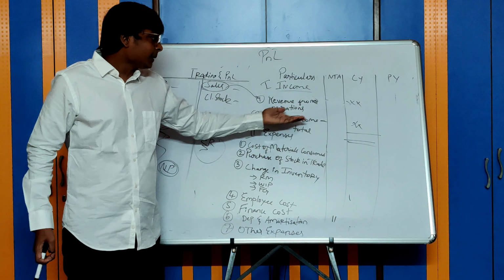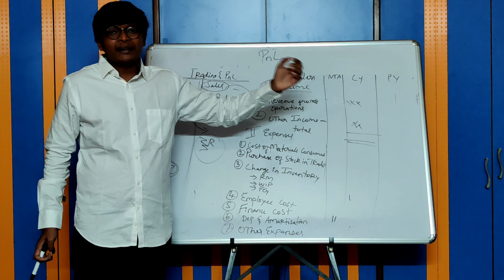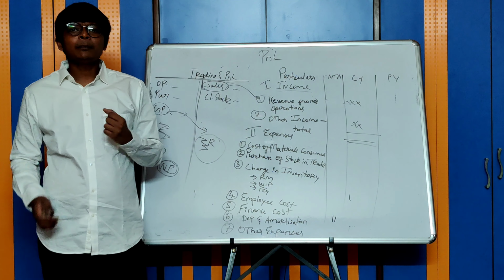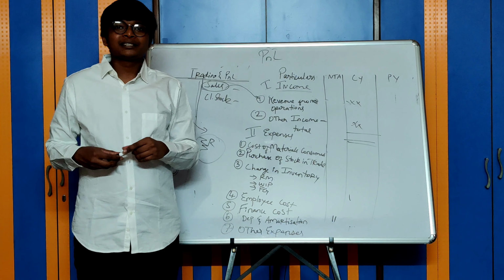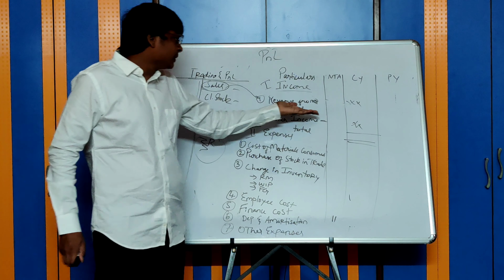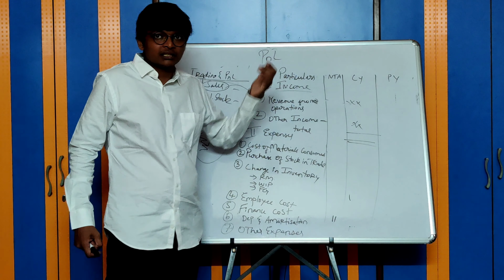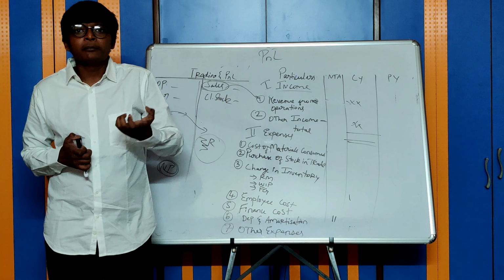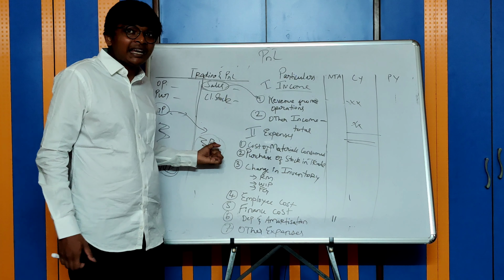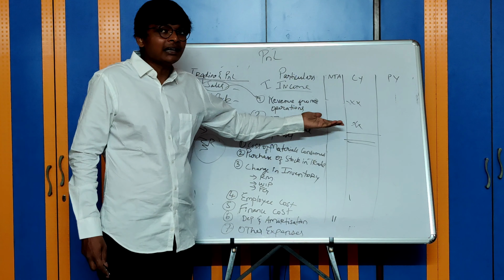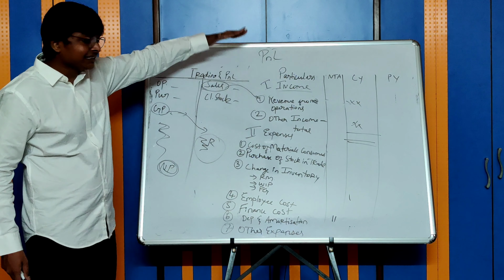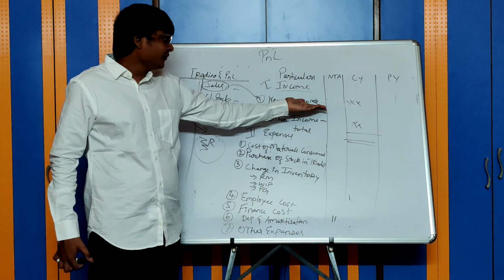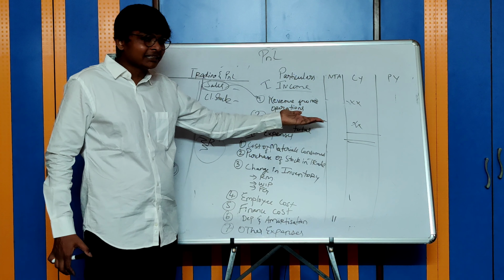Now, what comes under other income or revenue from operations is subjective. For example, a company involved in rental business, rental income for them will be revenue from operations. However, a company involved in manufacturing business, if they have any rental income, that will come under other income. So all your credit side income will be classified under revenue from operations and other income.